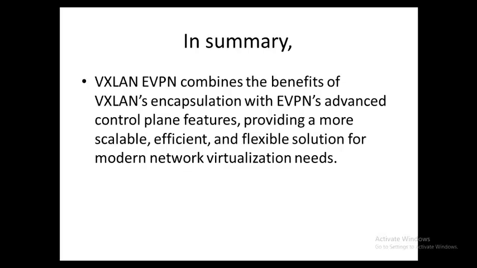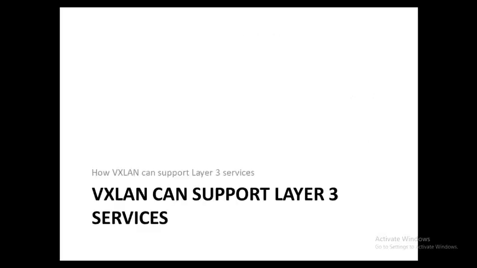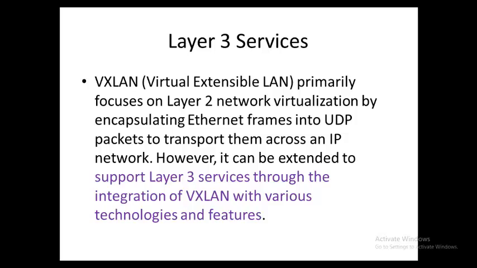Number 1, VXLAN to VXLAN routing. So VXLAN routers can route traffic between VXLAN segments. For example, if you have multiple VXLAN segments, which are attached to different VNIs, meaning different VXLAN network identifiers, it's like 2 different VLANs. That's why I took the example of inter-VLAN routing.